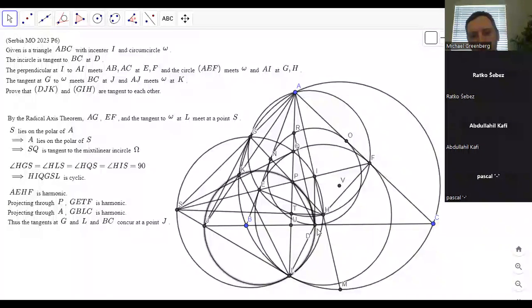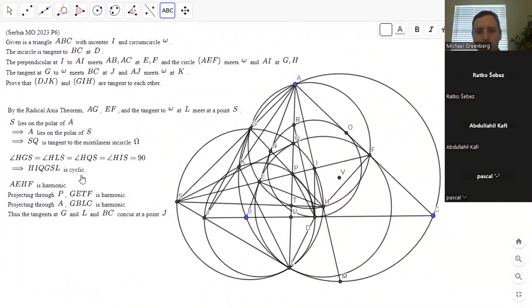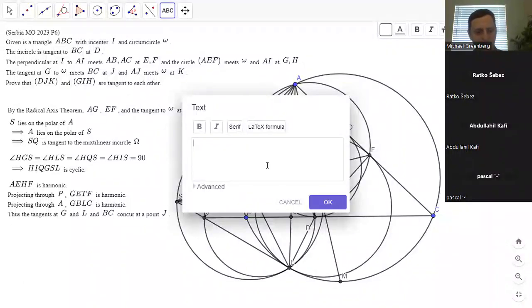Oh no. Okay, angle chasing. So let me think about this angle chasing. Because JKL is ACL, which is JDL. Okay, so it's well known that BDL is similar to ACL. So JKL equals ACL.